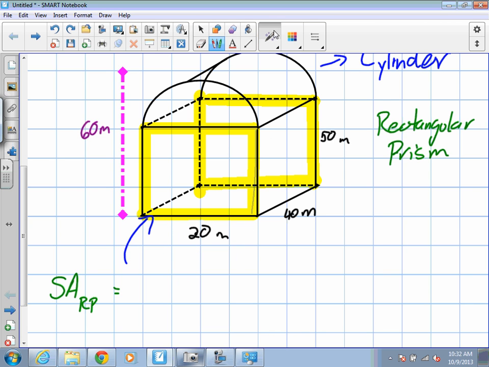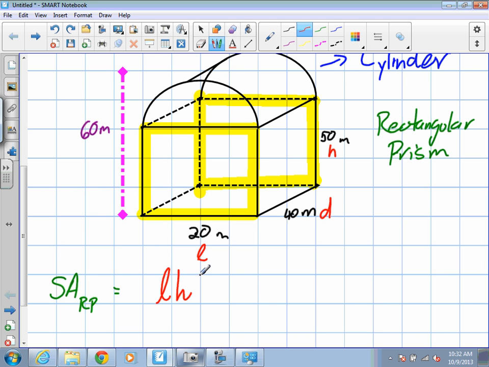So we're going to give them letters. We're going to call this the length, the height, and the depth. Okay, so L, D, and H. I've given them all different letters. So for the yellow faces, that would be L times what? H, that's right. So we have L times H. And how many are there of these? Times 2. Okay.